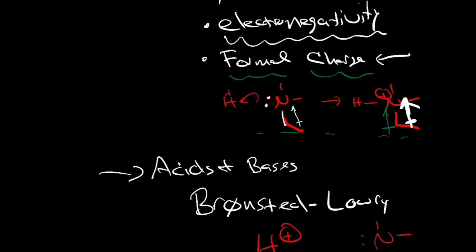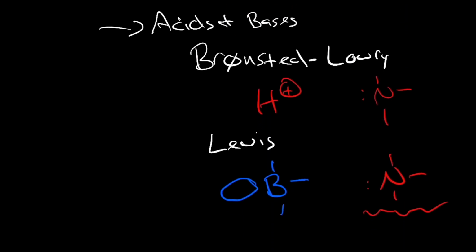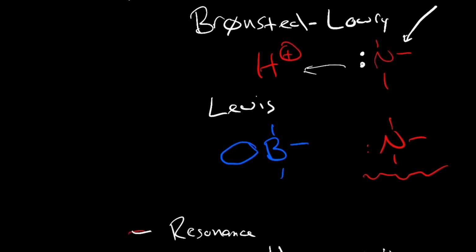All right. We had a couple of definitions of acids and bases beyond that, including the Bronsted-Lowry, which is helpful in the sense that the base in a Bronsted-Lowry doesn't have to be a hydroxide or a mineral. It can be an organic molecule with lone pairs that can attack a proton, because Bronsted-Lowry acids are just protons. We also had a Lewis definition, in which the Lewis acid was an empty p orbital, a p orbital that should have electrons but doesn't.